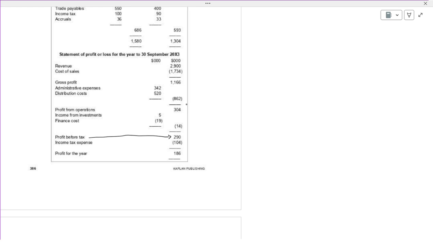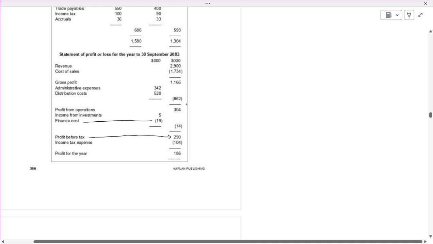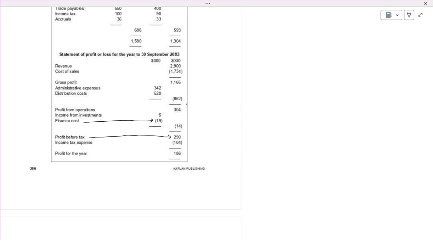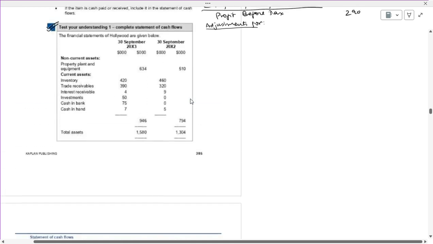How much is the finance cost? 19,000. What do we have to do, add or less? It will be less, because we pay this one, right? No. Check the format of the cash flow statement. Minus. Check the format.